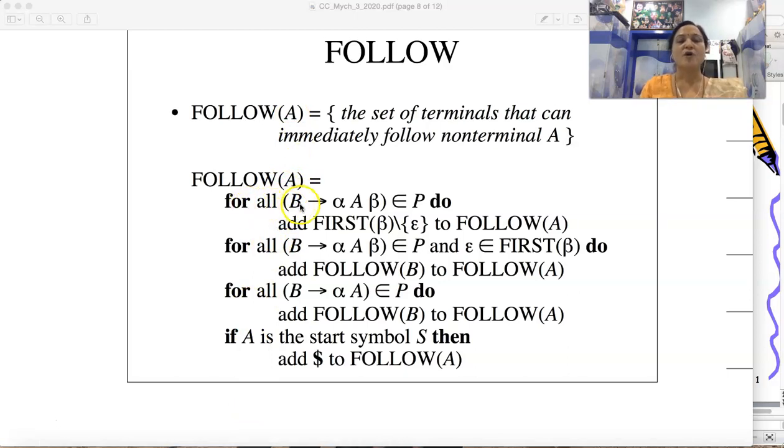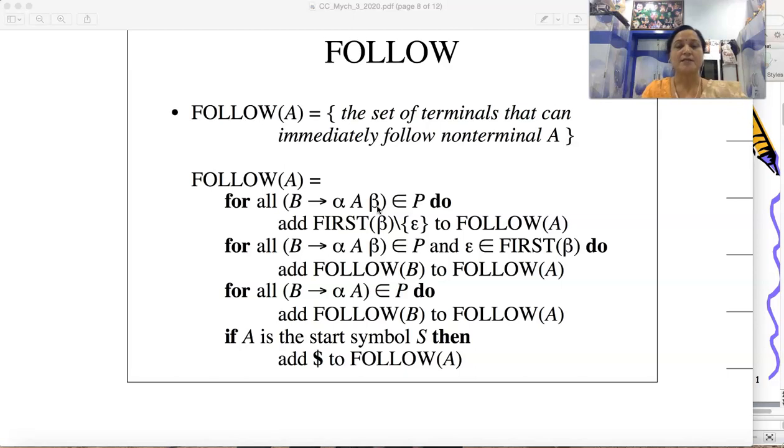First rule is for all B tends to alpha A beta. What does it mean here? Before A there can be any terminals or non-terminals. After A also there can be any terminals or non-terminals. If this type of production is there, then how do we compute follow of A? Follow of A is equal to first of beta, because beta can be a terminal or a non-terminal.